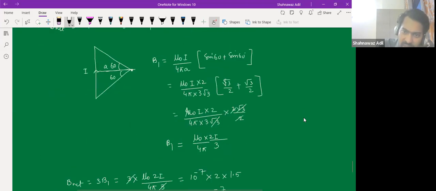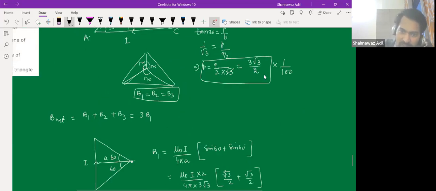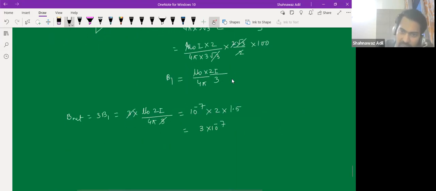This is 3 root 3 by 2 into 100. So this is 100. So 3 into 10 to the power minus 7 into 10 to the power 2. So 3 into 10 to the power minus 5 Tesla, and inverse.